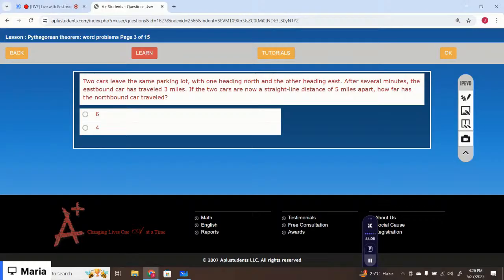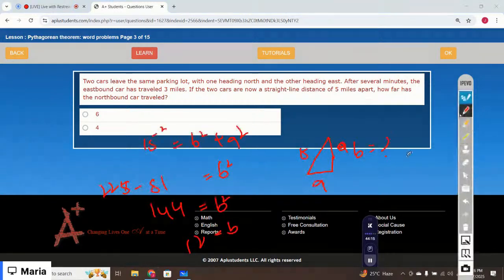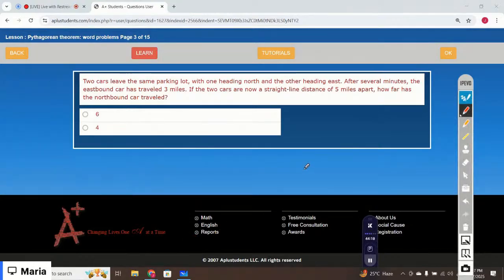Two cars leave the same parking lot with one heading north and the other heading east. After several minutes, the eastbound car has traveled 3 miles. If the two cars are now a straight line distance of 5 miles apart, how far has the northbound car traveled?